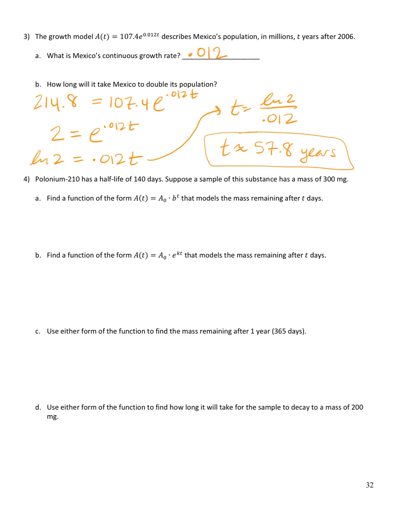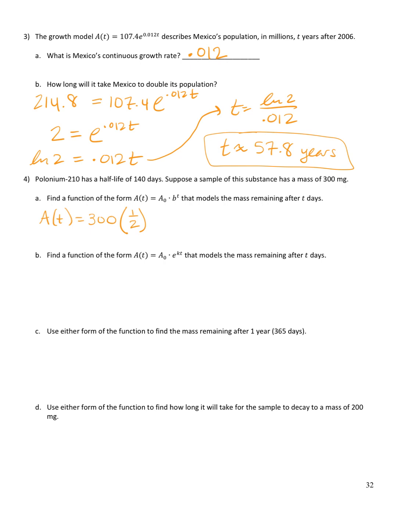All right, so I'm going to start by saying my initial value is 300, and I'm halving it every 140 days. So I can't just put a t up there because that would mean I halve it every day, but it halves every 140 days. So what I need to do is take my number of days and divide by 140.